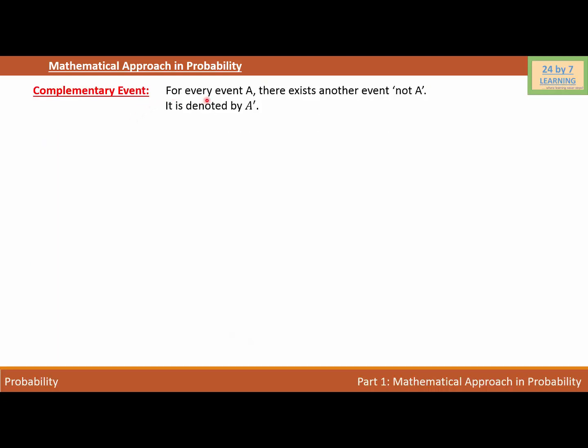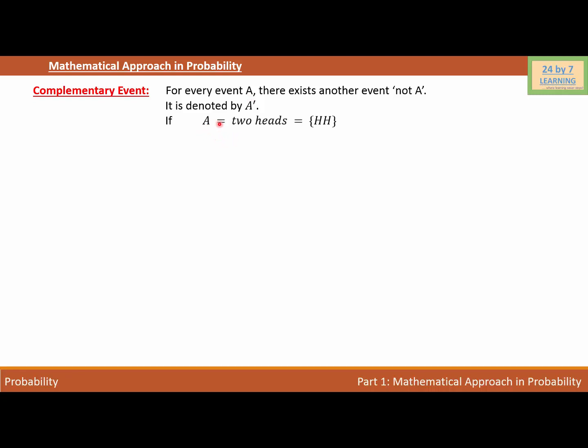Complementary event. For every event A, there exists another event not A. It is denoted by A dash. In other words, if we have any event A, then there also exists a not of event A. Now let's consider an example.